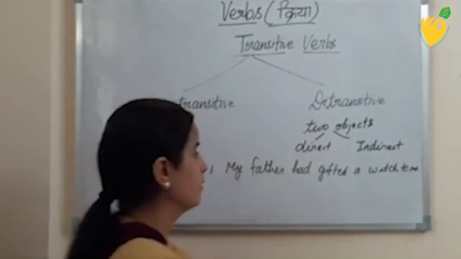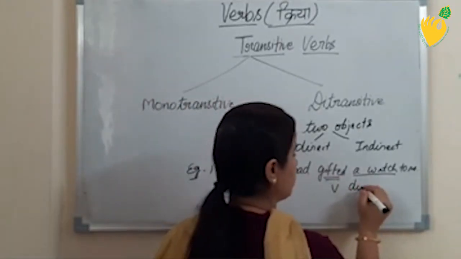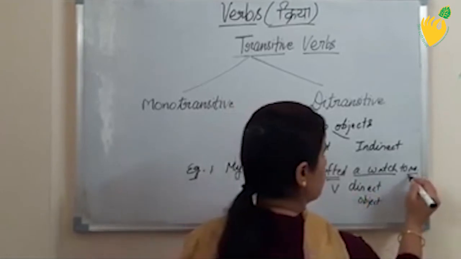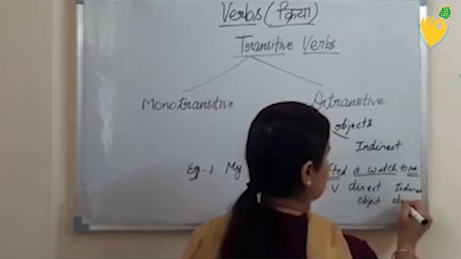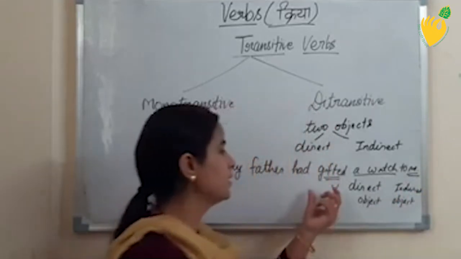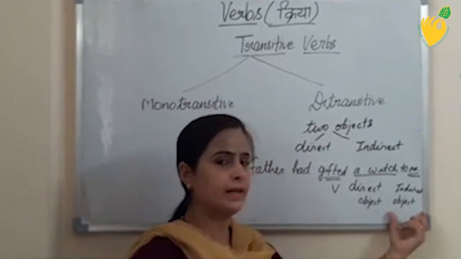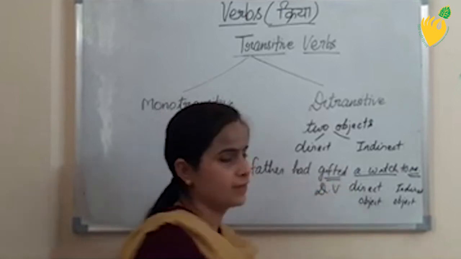In this sentence, gifted is the verb, a watch is the direct object, and to me is the indirect object. So this verb gift is having two objects, direct and indirect. So this verb gifted is a ditransitive verb.